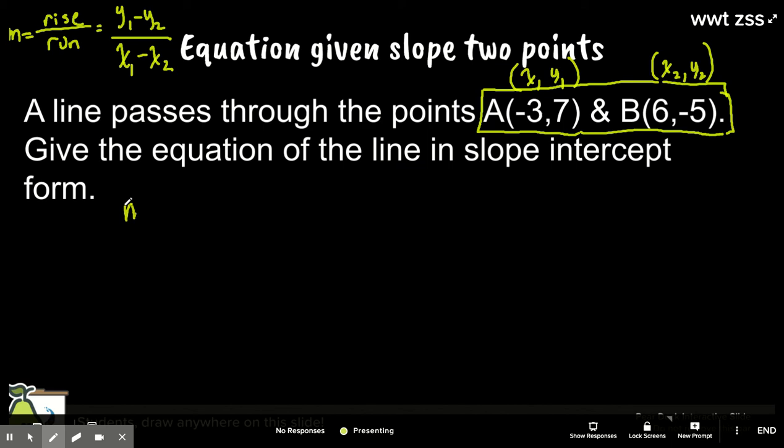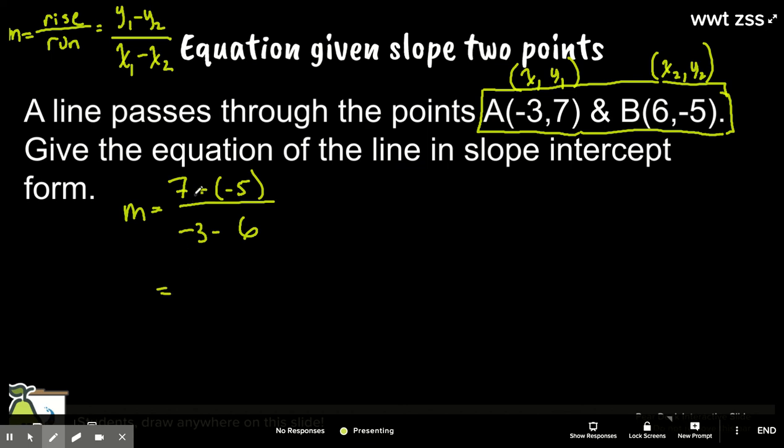So let's just apply that, and if it's a fraction that needs to be simplified, we'll do that. All right, so y1 is 7 minus, now what is y2? Negative 5. There we have it. We're subtracting a negative again, right? And then x1 is negative 3 minus 6. That's x2, sorry.